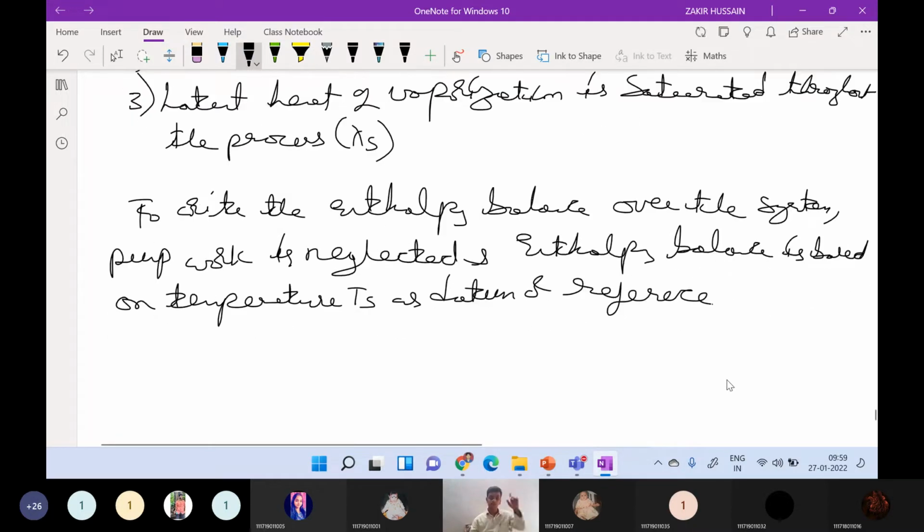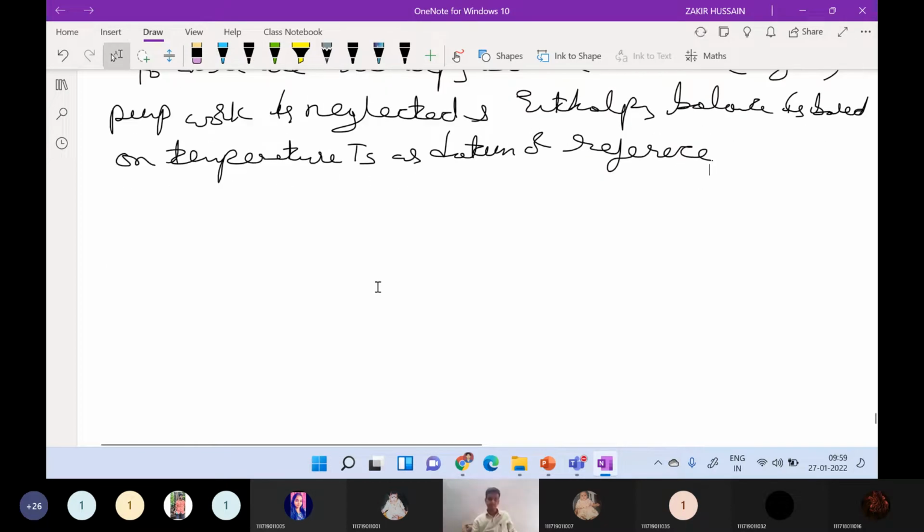In the total enthalpy derivation, we have seen that T naught will be taken as the reference or the datum line. So like in the total enthalpy case, what have we taken?